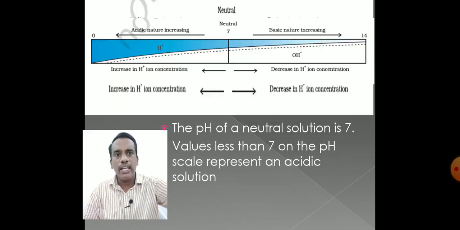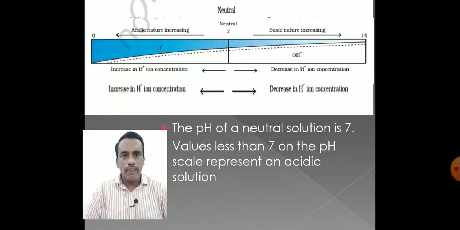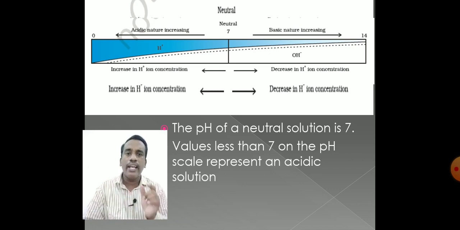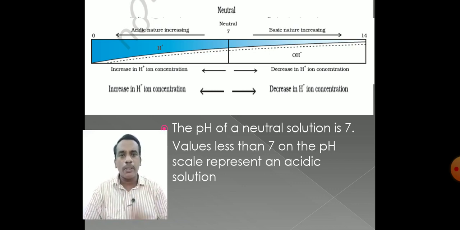In this pH scale, we range from the value 0 to 14. The pH scale is ranging from 0 to 14. Whenever we have exactly 7, we are going to say it is a neutral substance.